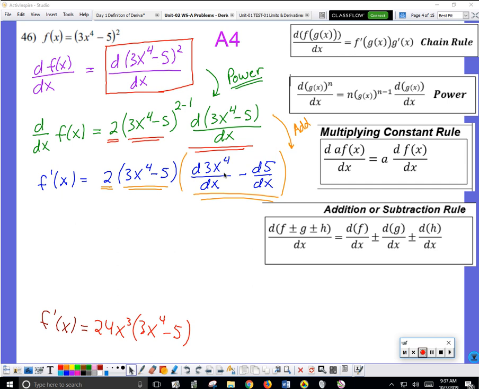So instead of using the power rule, I'm going to use this multiplying constant rule, which is used anytime you have any constant. A is just any constant multiplied by any expression. The constant simply comes out of the derivative operator. So now I have this.